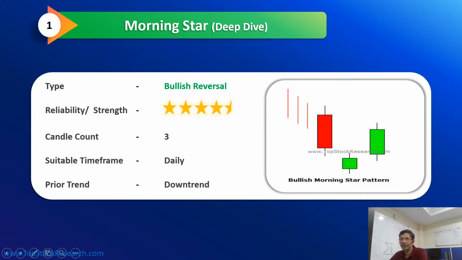First thing is, it's a very bullish pattern, right? If you see in terms of the rating, the reliability, this is among the most reliable patterns, right? If you see out here, it is a 3 candlestick pattern. The suitable time frame can be daily out here, but you can look at other time frames. Generally, gaps happen much less in the intraday period.